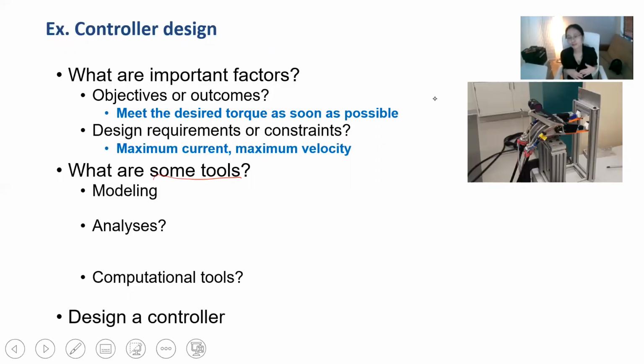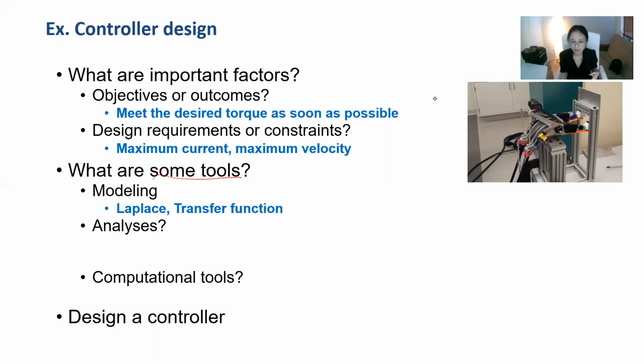But we have constraints such as maximum current and maximum velocity. So that was our best. And for the modeling, in the beginning, we modeled the system using Laplace transform and transfer function, and then did system analysis, such as steady state error or transient response. And we used MATLAB Simulink and designed a controller. And towards the end of class, you will learn this process.